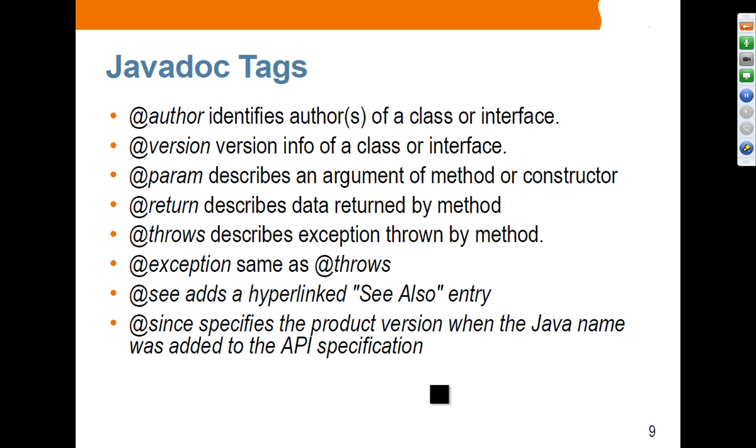The exception tag is actually the same as throws. And see is like a hyperlink to a See Also entry. If you want to specify the See Also entry, then you use this tag. And @since specifies the product version when the Java name was added to the API specification, meaning which version of Java this particular API is supported in, and things like that.